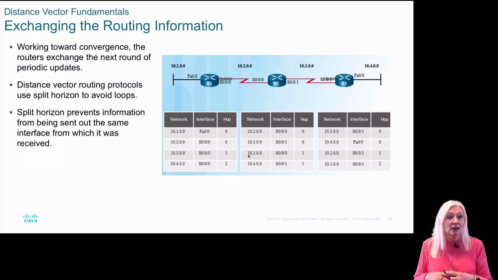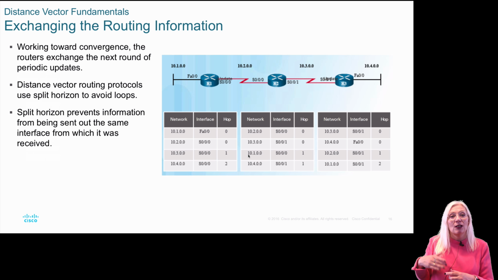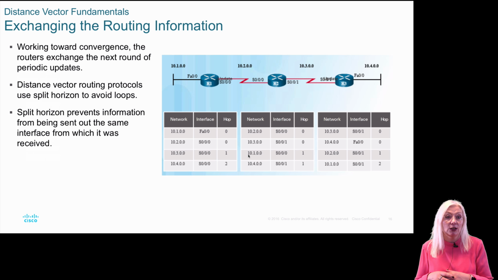Split horizon prevents information from being sent out on the same interface on which it was received, so that if R1 receives information about 10.4.0.0 from R2, it will not be sent back to R2 again. That is called split horizon, and it's something we use to avoid loops in our network.